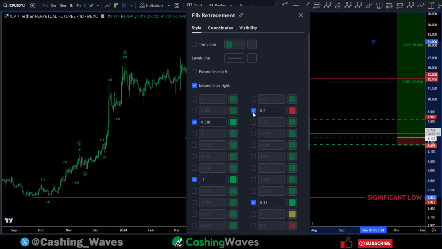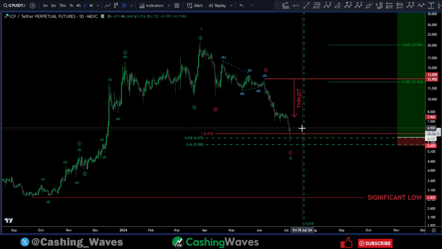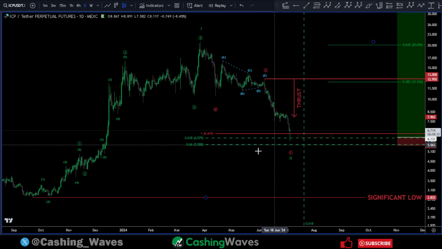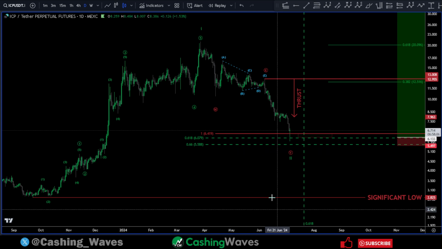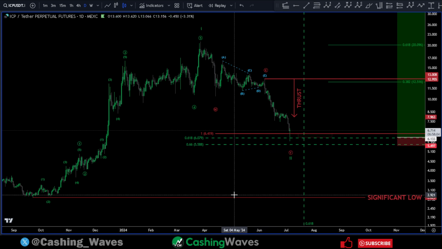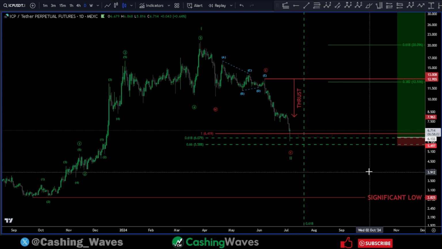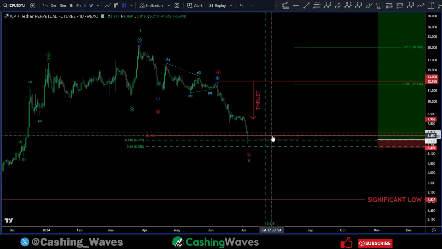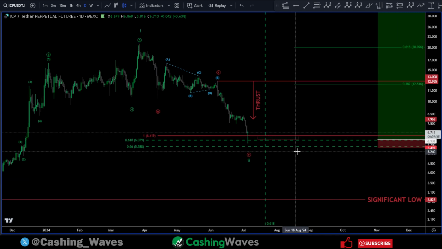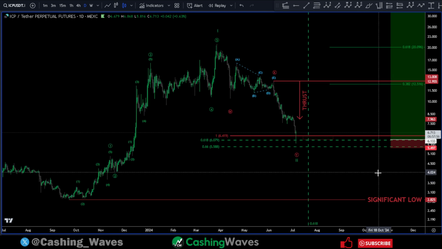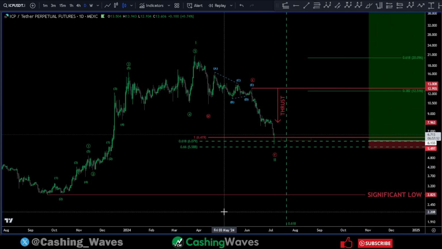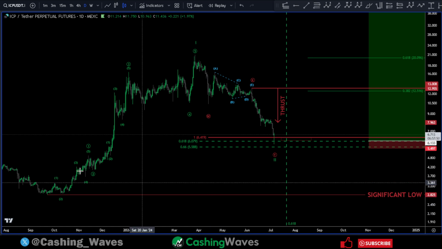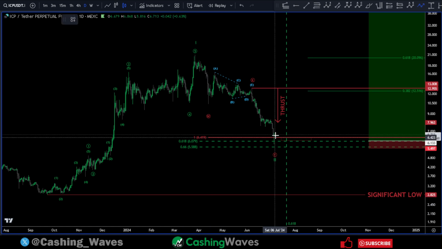Get rid of this 50. Very close, and I put my stop at the 0.66. I know some people do 65. I like to give it a little more room just for those candles to wick down. So that was my zone, as you can see, the 1-to-1 and the 618. Stop right back here.